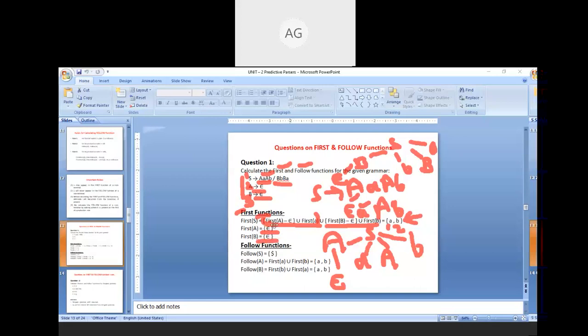So all of you understand the calculation of first? Just write in the chat box the calculation of first for all the three non-terminals S, A, and B. If anybody has any problem, then just write in the chat box.